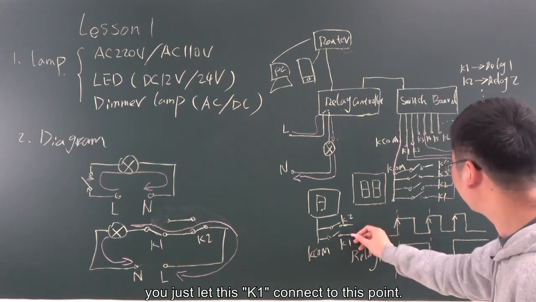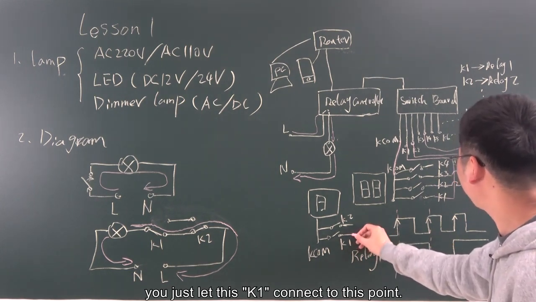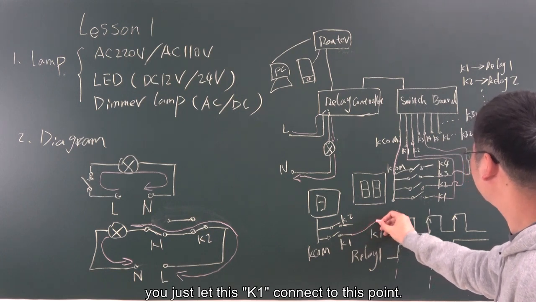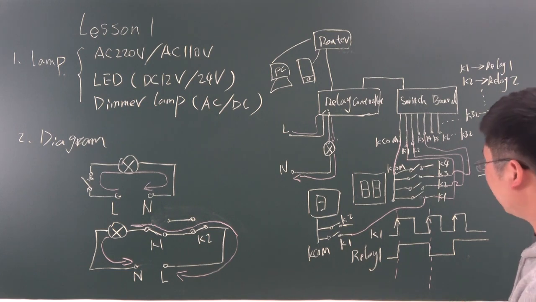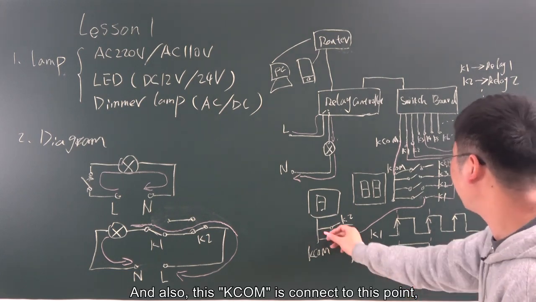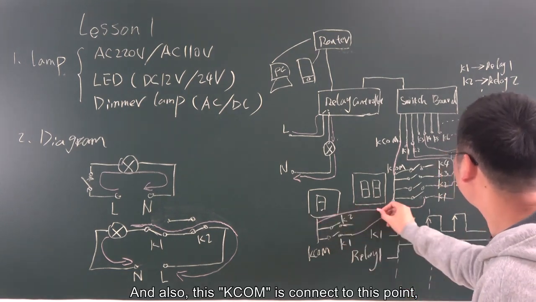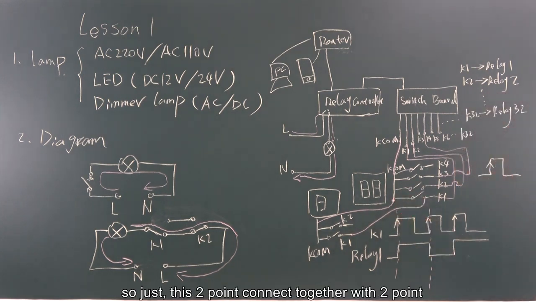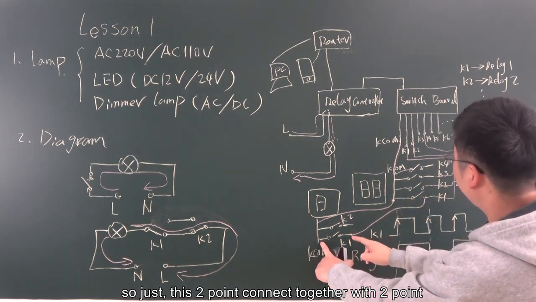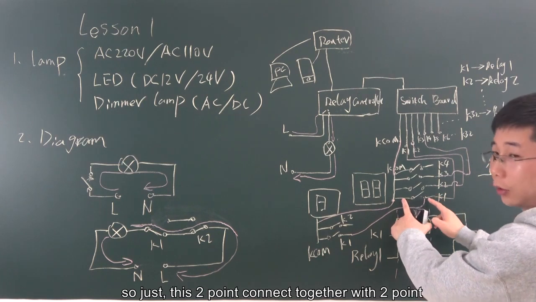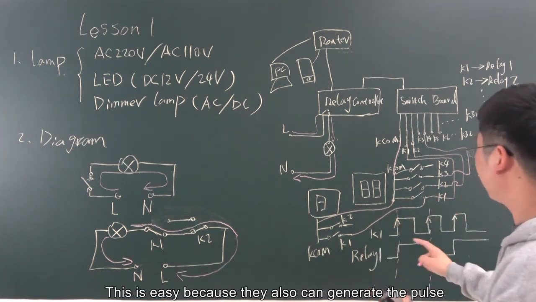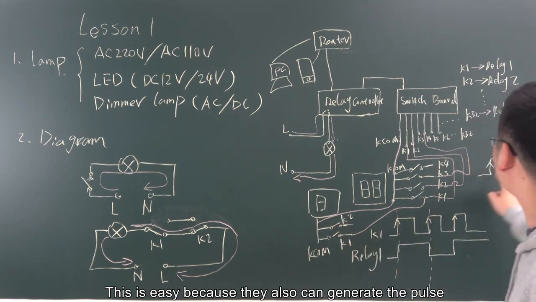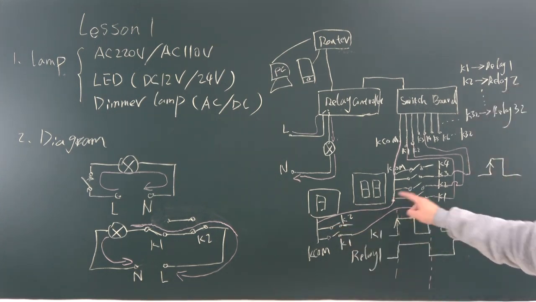If you want K1 and K2 to both control this lamp, you just let this K1 connect to this point, and this KCON connect to this point. So just these 2 points connected together. This is easy because they can each generate the pulse.